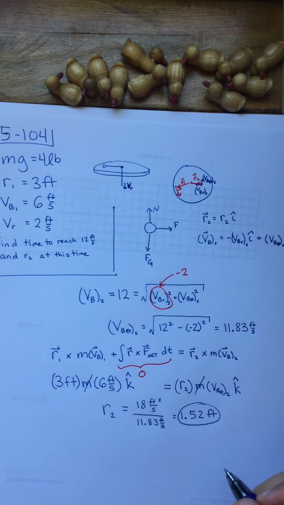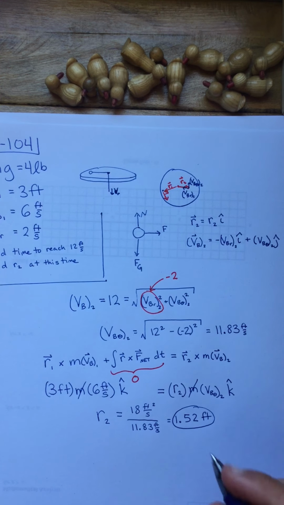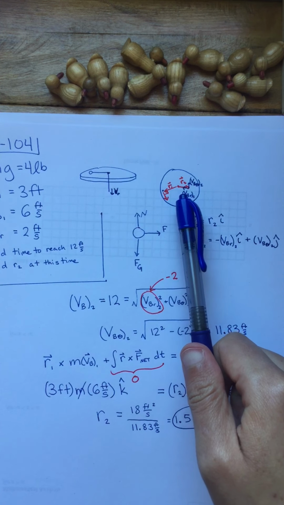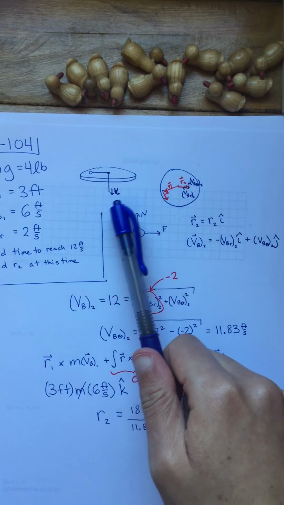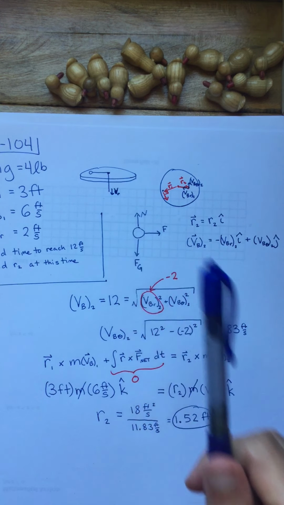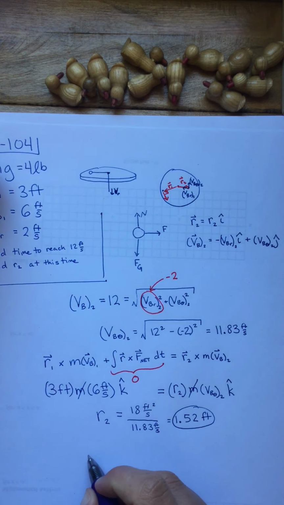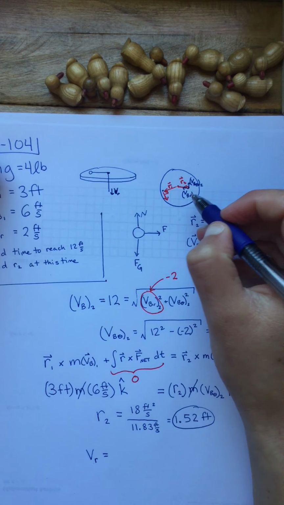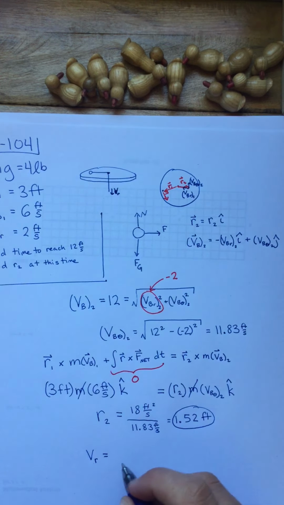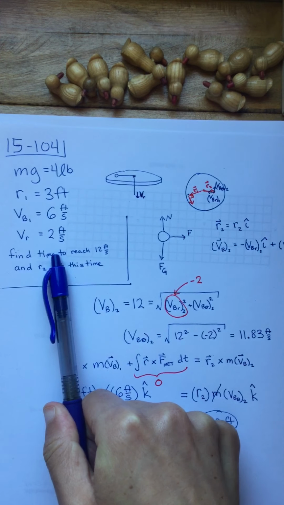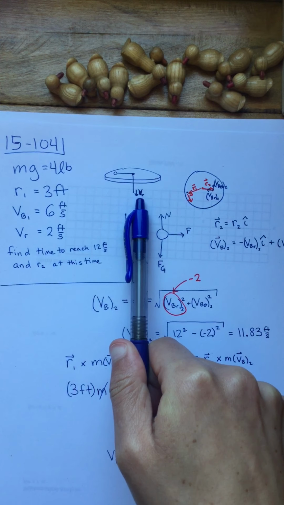So now I have to go back and do that. If I'm looking in the radial direction, the speed in the radial direction is constant because the rope is being pulled at a constant speed. So I can say the radial component for the ball here that's pointing inward, so let's make that negative 2 feet per second. They said v_r is 2 feet per second here, but that was the speed of the cord.